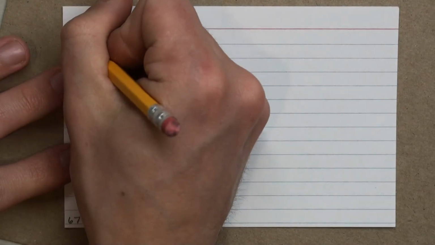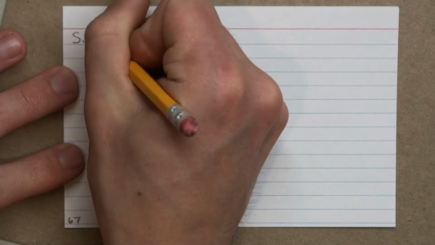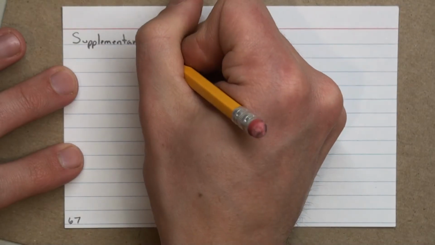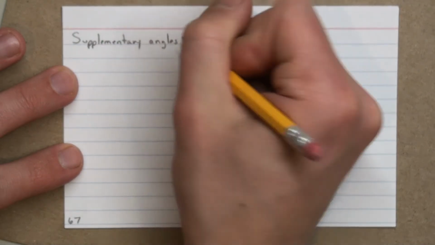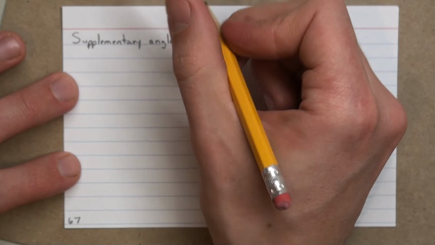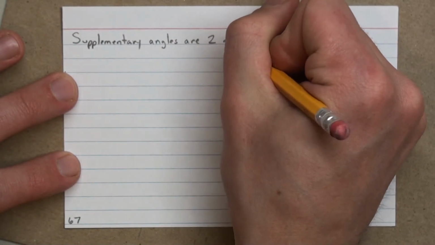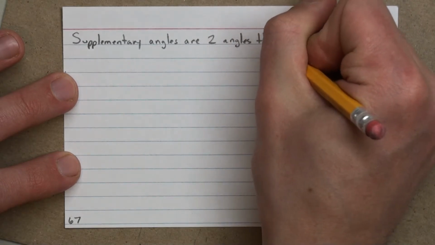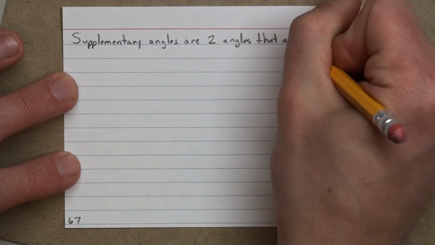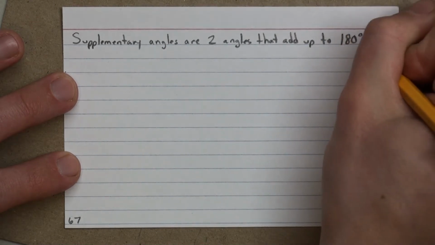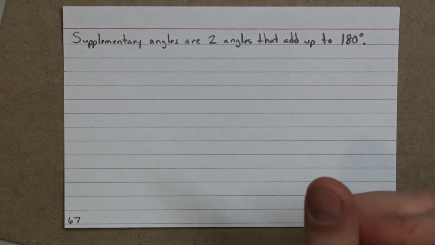So for 67 now we're going to talk about supplementary angles. Supplementary angles are two angles that add up to 180 degrees.